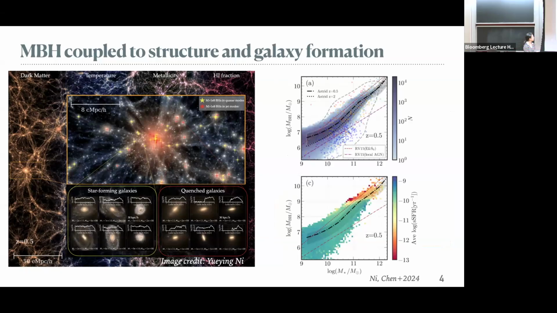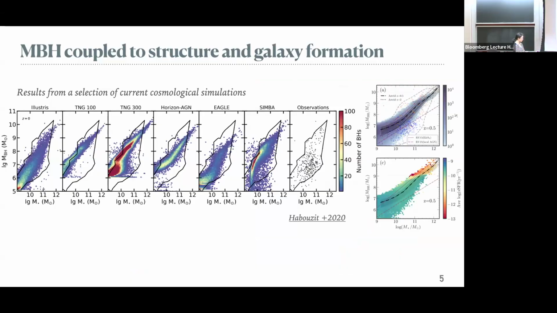This dashed contour and the dots are a few of the observation data points, and the central line and these scatter plots are the simulation result. Another thing is the quenching on the massive end. This is showing the star formation rate, and on the massive end we have a lower star formation rate, plotted on top of the scaling relation.